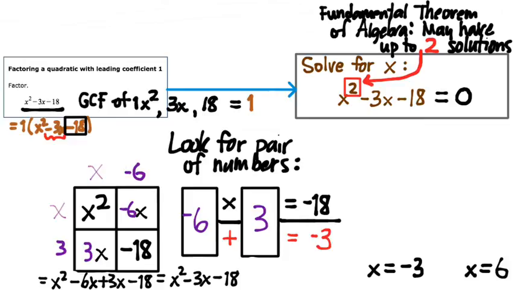All we need to do is write it in its factored form, which we can do just by writing the two factors that we see on the first row of my table, x minus 6, and on the first column of my table. I don't have a plus in front of here, but I can and should put one, x plus 3. So that's the solution to the first part of this problem.